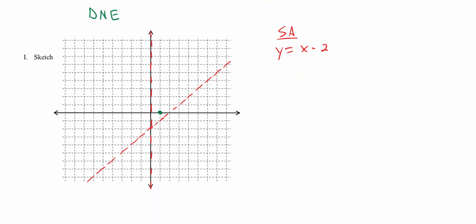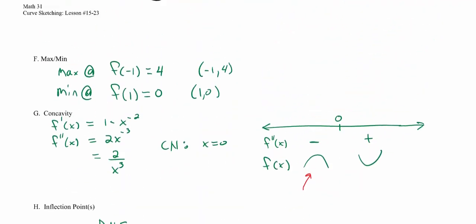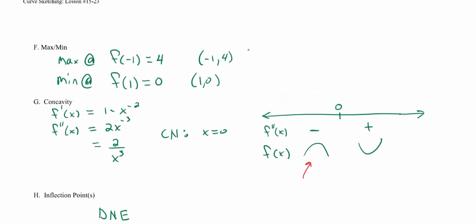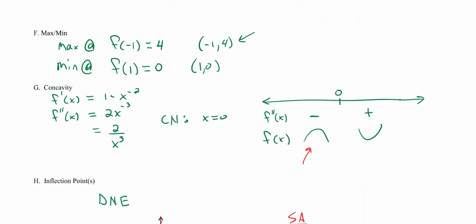Okay, so we also should look at our minimum and our maximum, right? So we know that we have a maximum at -1 comma, what was it? -1 comma 4. All right, so I'm seeing a mistake I made. I think I just wrote it down wrong. Sorry, guys.